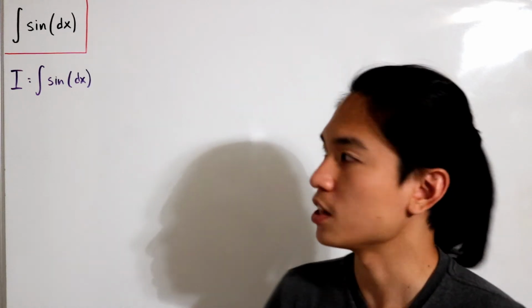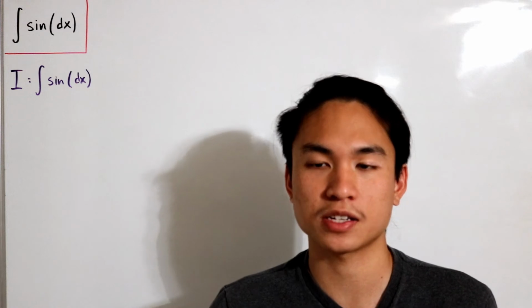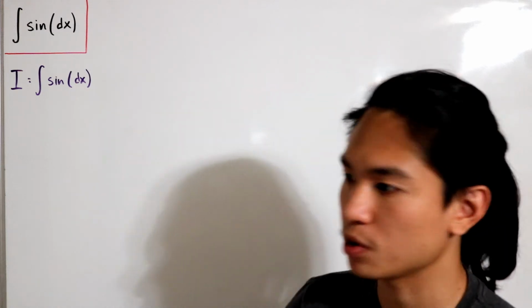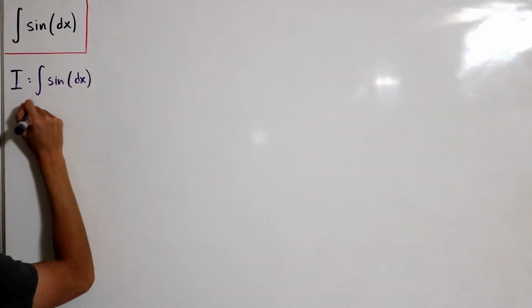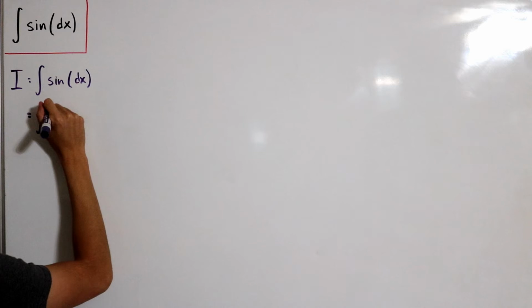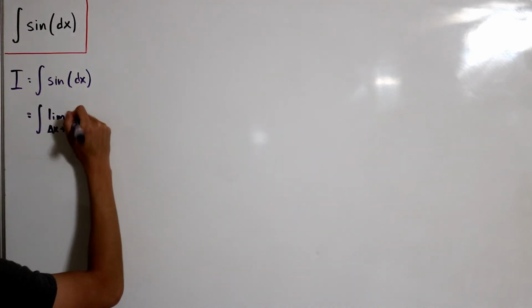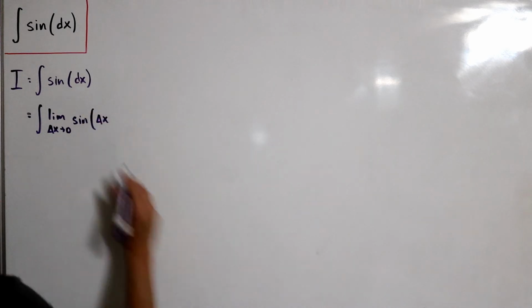Then I can rewrite dx in the form of delta x, an infinitesimal, and make that approach zero. So that's where the limit expression comes in, which is very interesting. Now we have that this is the integral of the limit as delta x approaches 0 of sine of delta x, right?